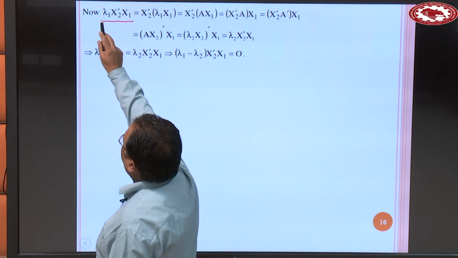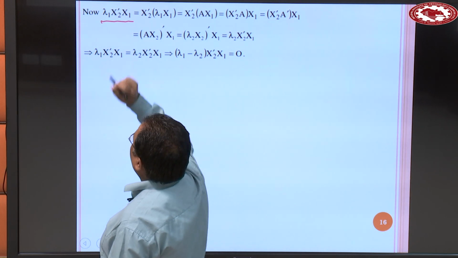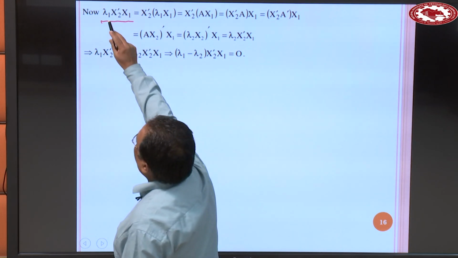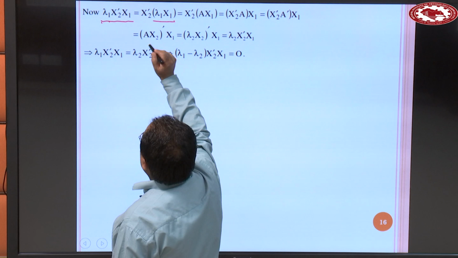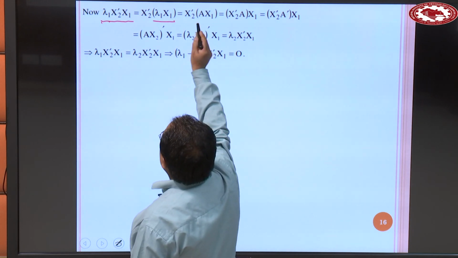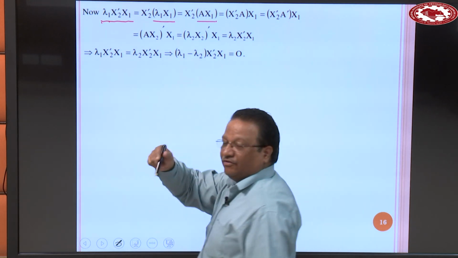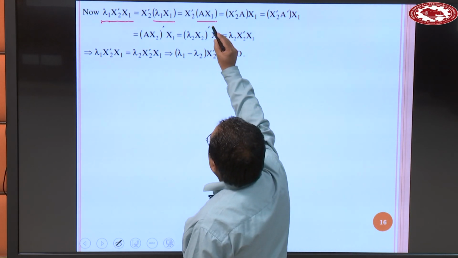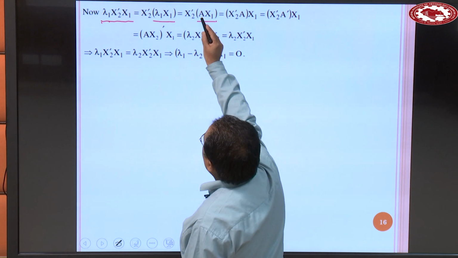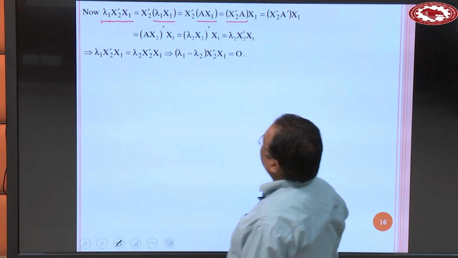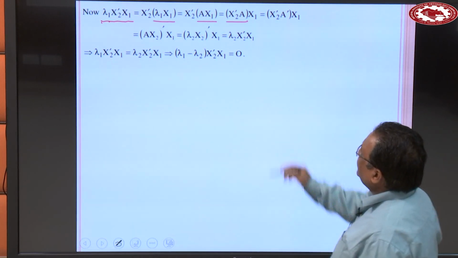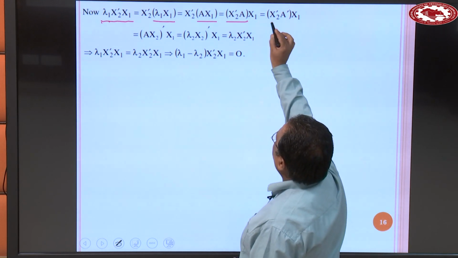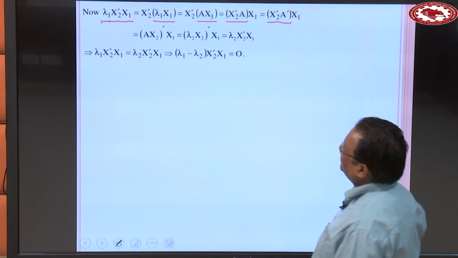So we start from lambda 1 x2 dash x1. Okay, if we take this lambda 1 inside, the result will be this. But lambda 1 x1 is Ax1. We know this statement. Now this result is equal to, bringing this A across, x2 dash A, and we know A is A dash, so x2 dash A dash. Clear?